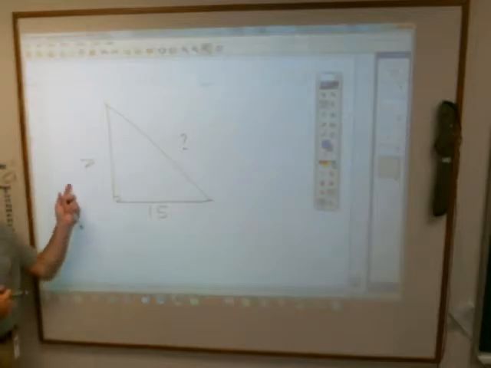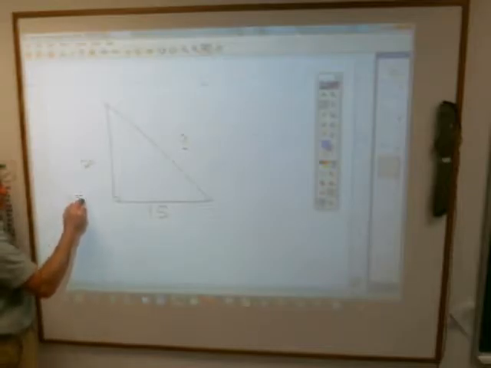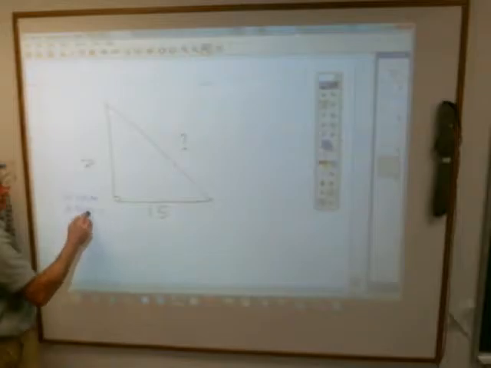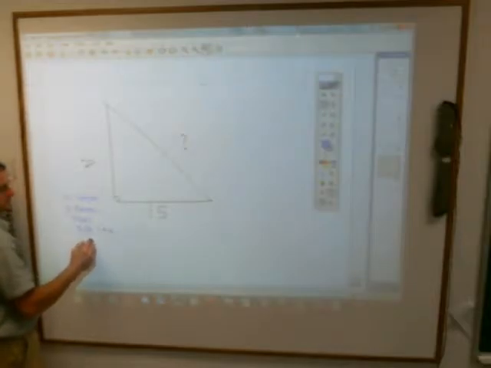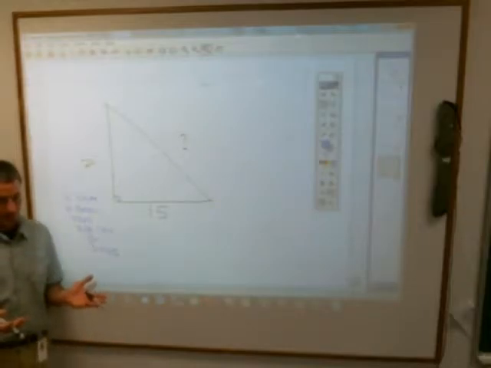Now, how would I do that? Well, in order to reduce it down, you need to think of, is there a factor that you can divide both by? In other words, if I look at 20 and 15, can I divide them both by the same number evenly?